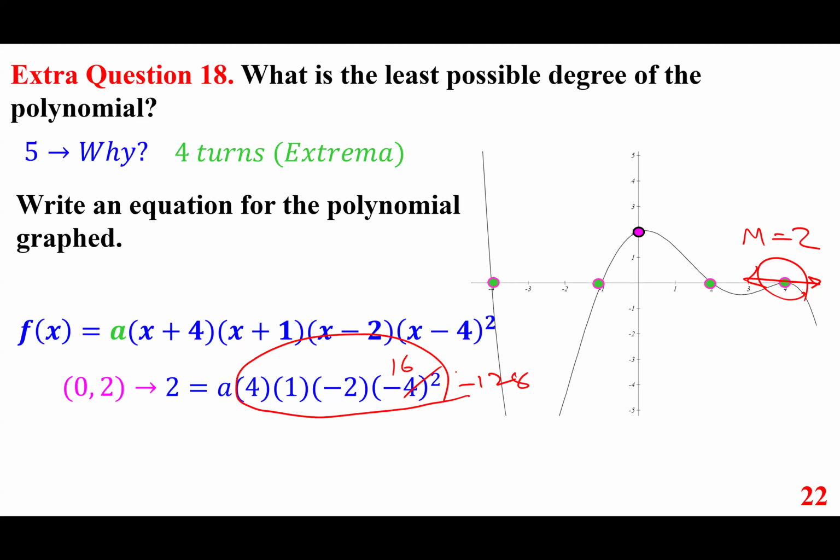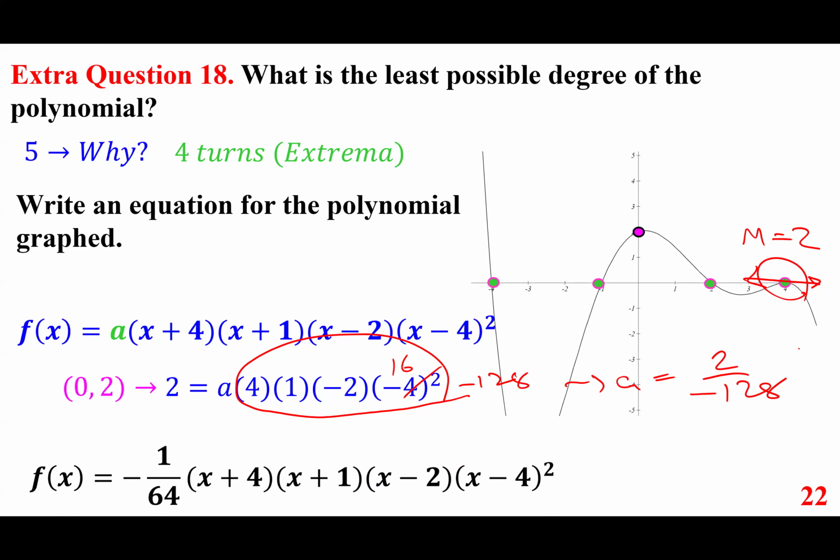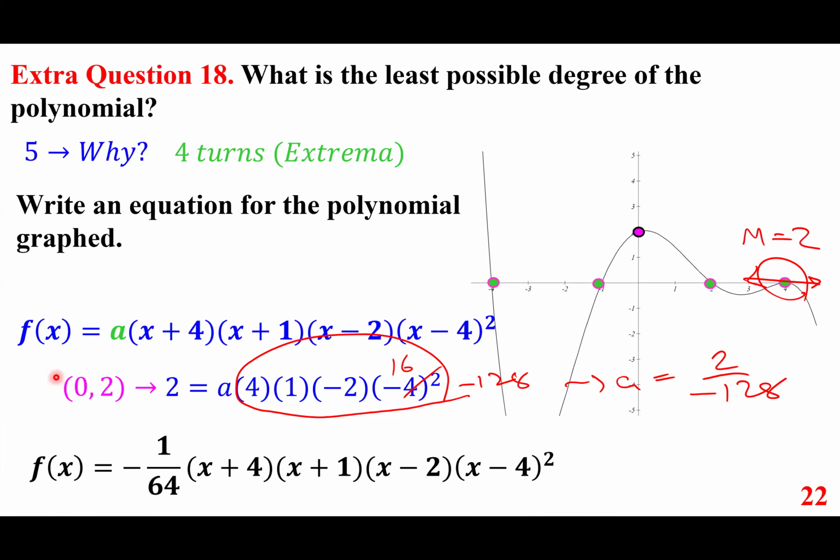Divide by 2: 2 divided by -128. A is 2 divided by -128, which is -1/64. Therefore, f of x is -1/64 times x plus 4 times x plus 1 times x minus 2 times x minus 4 squared. That's the final answer.